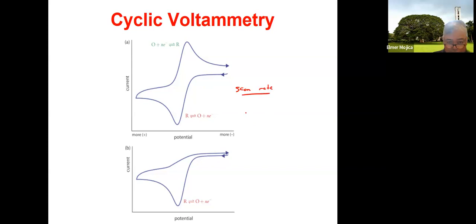But they have the same compound. So this one has a scan rate of what we call faster one, and this one has what? A slower one. So what can you say? What is the one that is being studied here? Is it still mechanism?